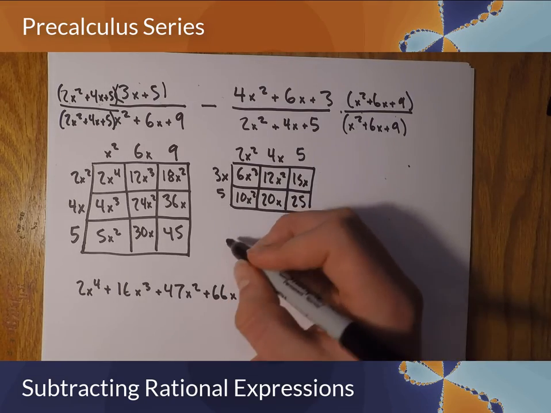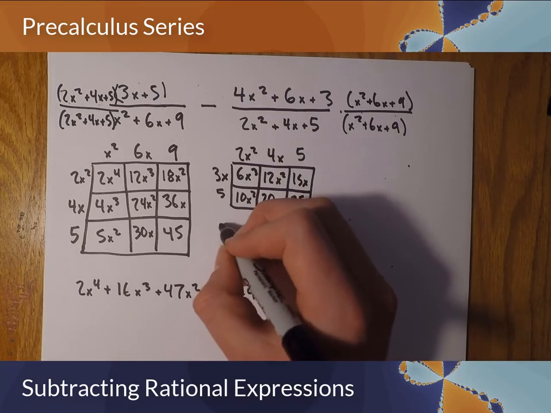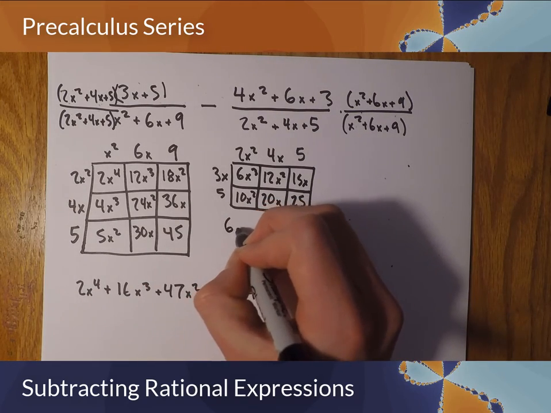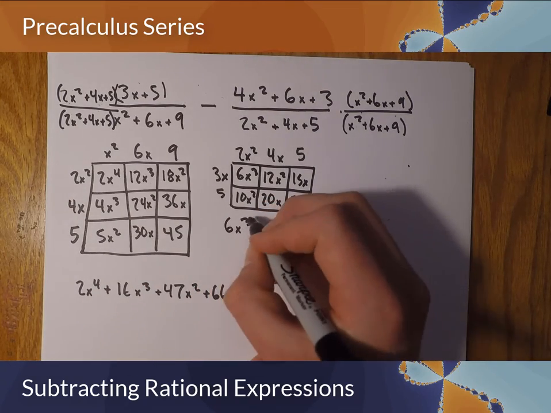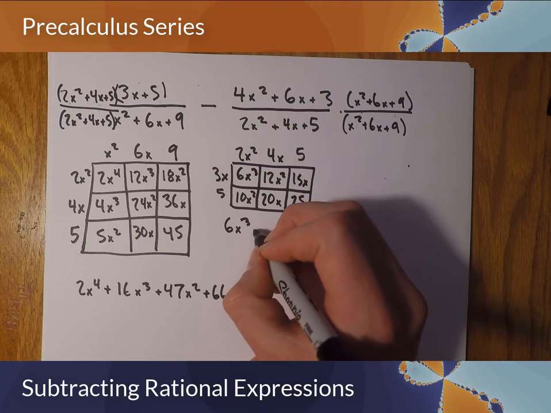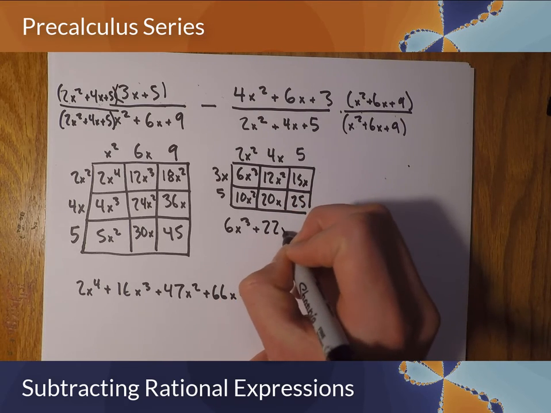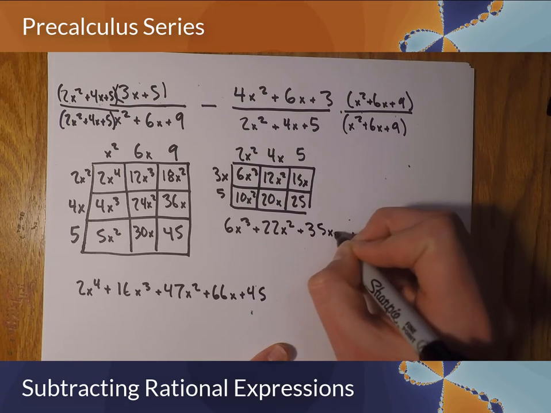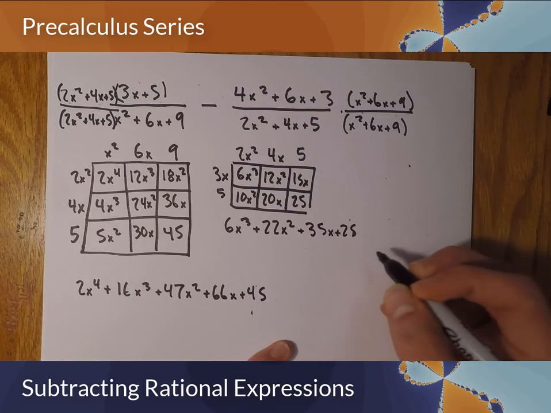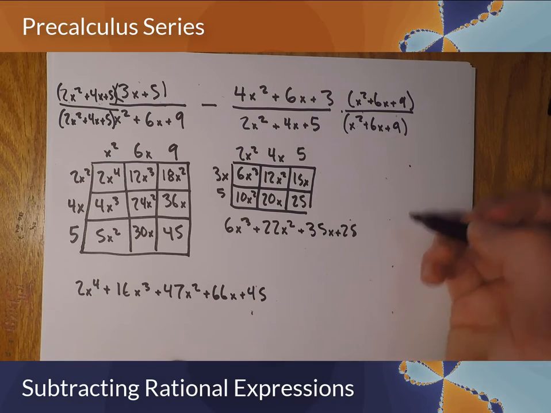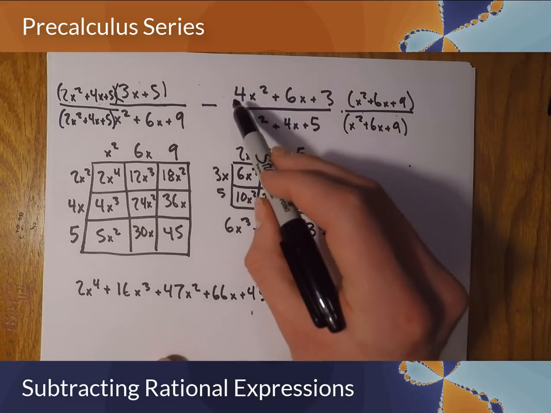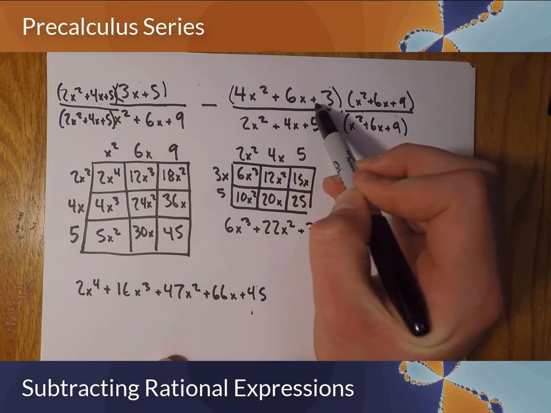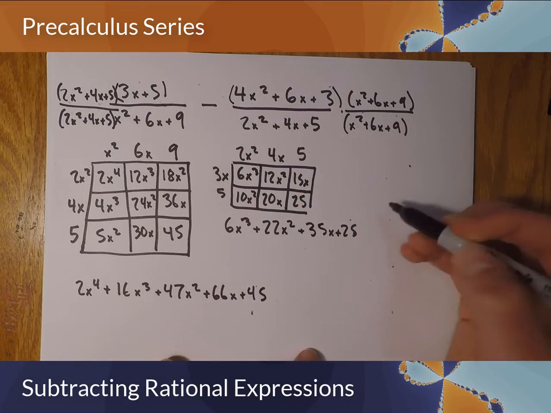So now we have for the numerator on this side, 6x cubed plus 22x squared plus 35x plus 25. So now, last but not least, we have to multiply this polynomial, 4x squared plus 6x plus 3, by x squared plus 6x plus 9.